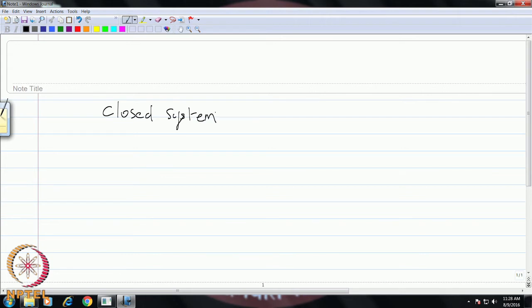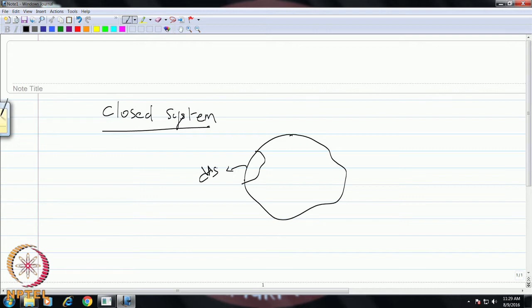I hope all of you are able to see the projection. Is that okay? Right. So, we take a closed system, some arbitrary system which is not a control volume because it is closed to mass transport, and then you take a particular differential control element or control volume, right, and let the surface area of this differential control volume be dAs, and the differential volume is dV.